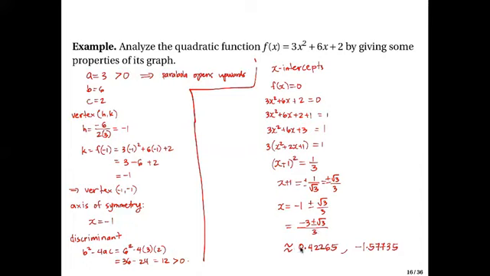So these are the approximate values of the x coordinates for the x intercepts.